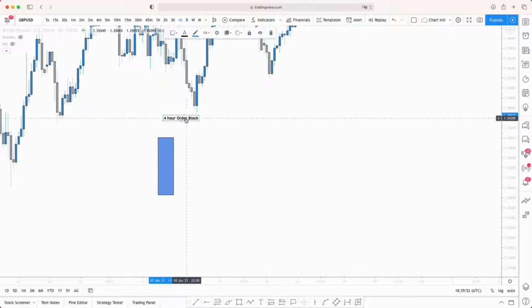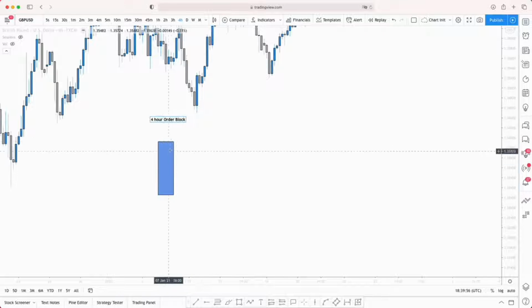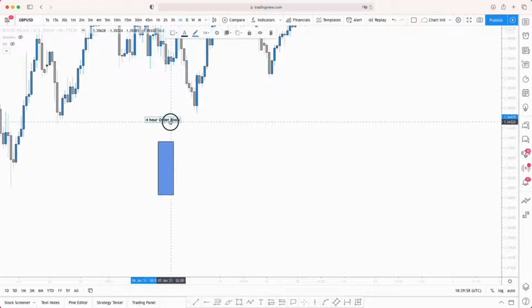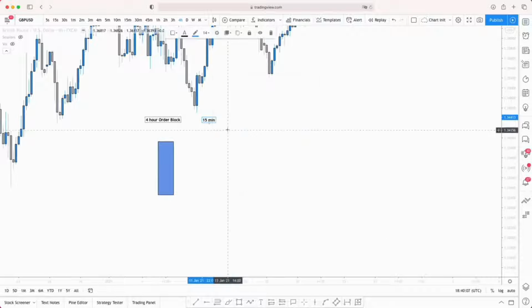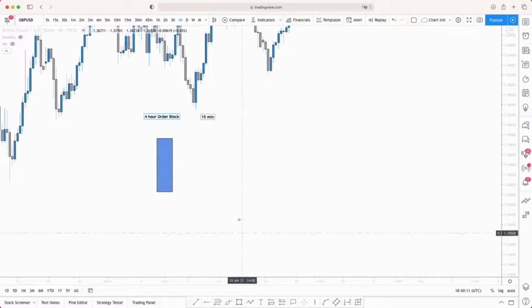Now, we know that within this candle, within this order block, there are several little candles. What I mean by that is, we know that on the 15-minute, there's going to be several other candles.